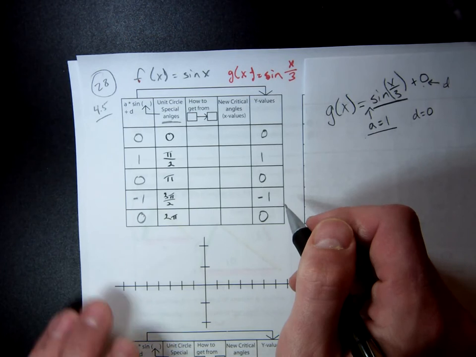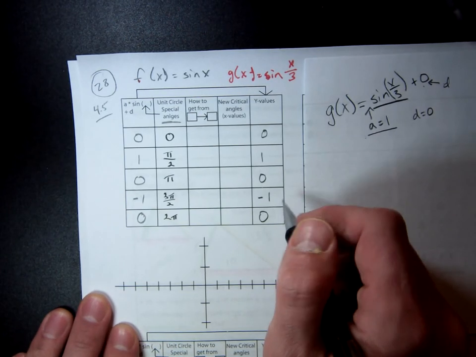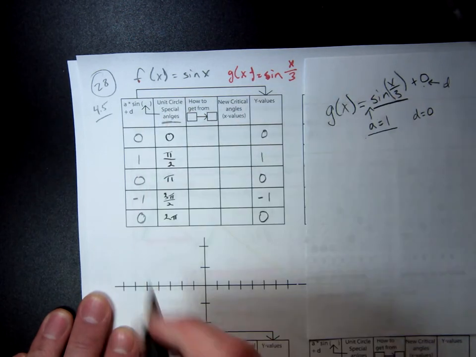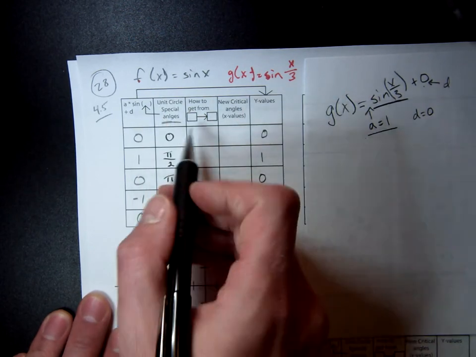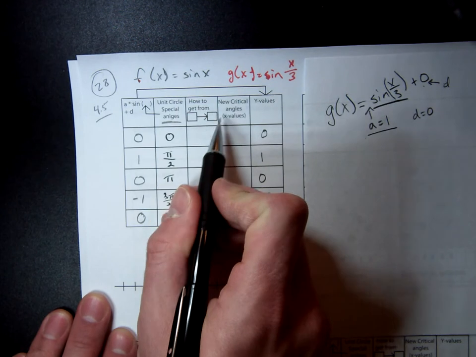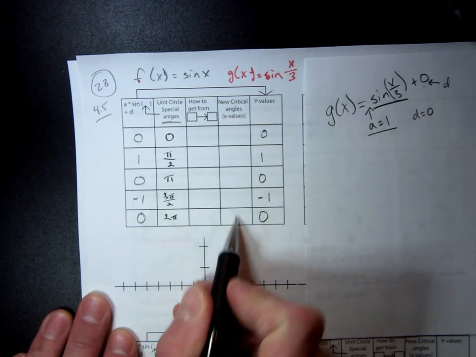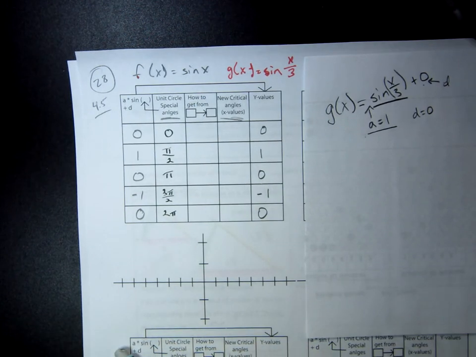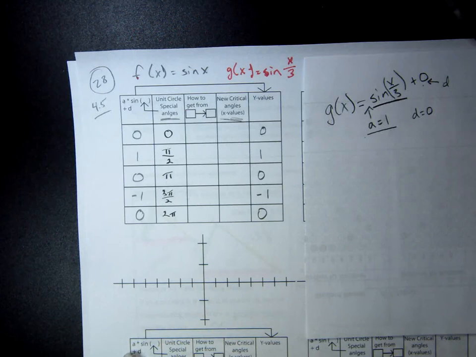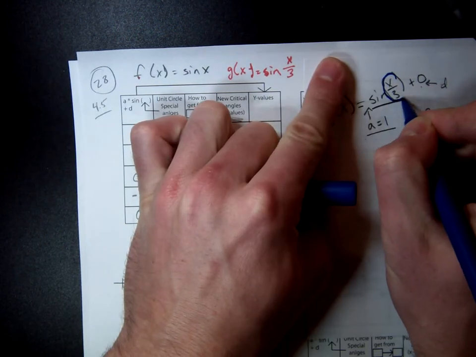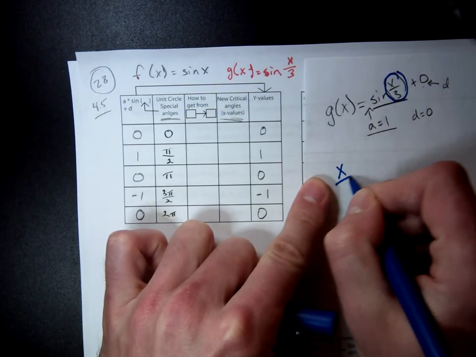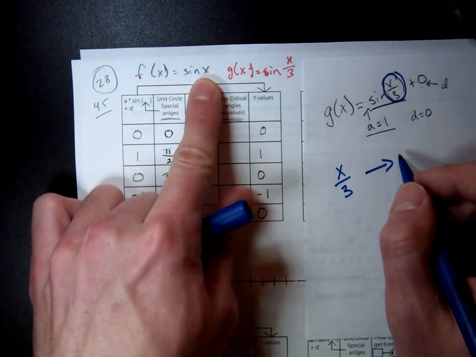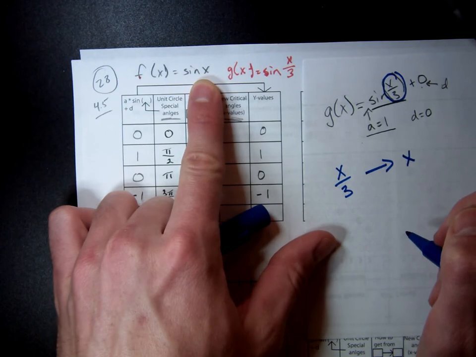And in this particular case, I know that's going to be true for both the parent function and the transformation, or f of x and g of x. Now, to find the new critical values, or the x values, for my function, I'm going to need to take the input of my trig function, x over 3, and figure out how I can transform that back to the input of my parent function.